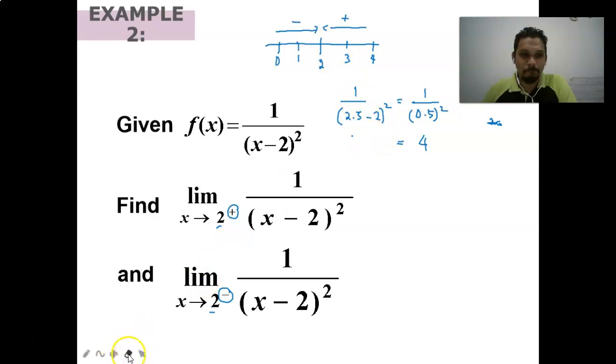Then 2.01 minus 2 equals 0.01, so 1 divided by (0.01) squared equals 10,000.